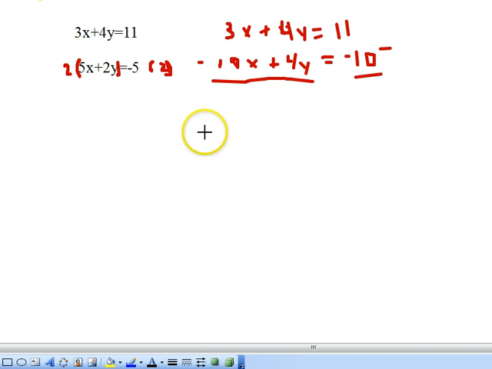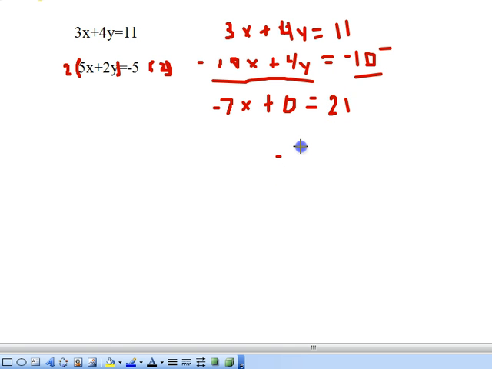So 3x minus 10x is going to be negative 7x, and then 4y minus 4y is going to be 0, so plus 0 equals 11 minus a negative 10. Remember, when you minus a negative, it switches to addition. So 11 plus 10 then is going to be 21.